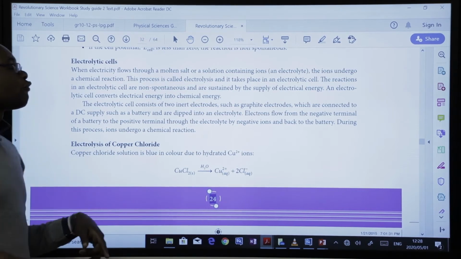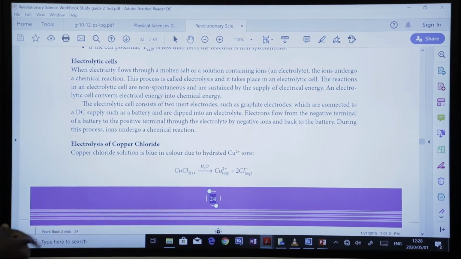Electrons flow from the negative terminal of the battery to the positive terminal, through the electrolyte by negative ions, and back to the battery. And during this process, the ions are undergoing chemical reactions.